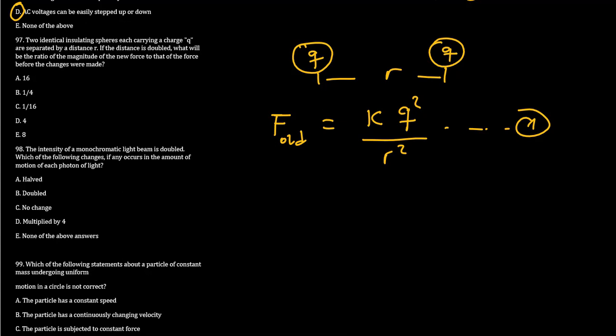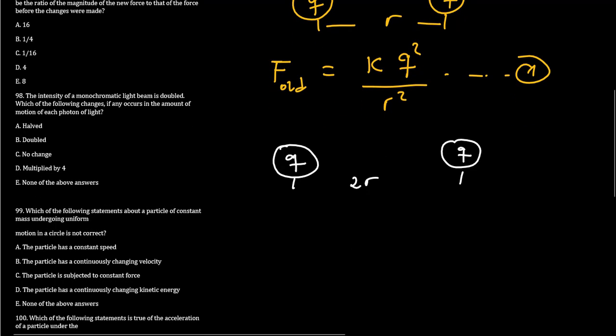So let's get the scenario for F new. I have the same scenario, Q and Q, but now the distance between the two charges is doubled, so it becomes 2r.